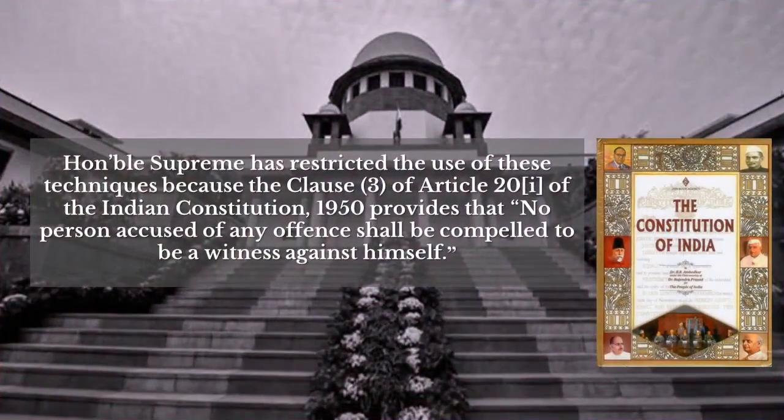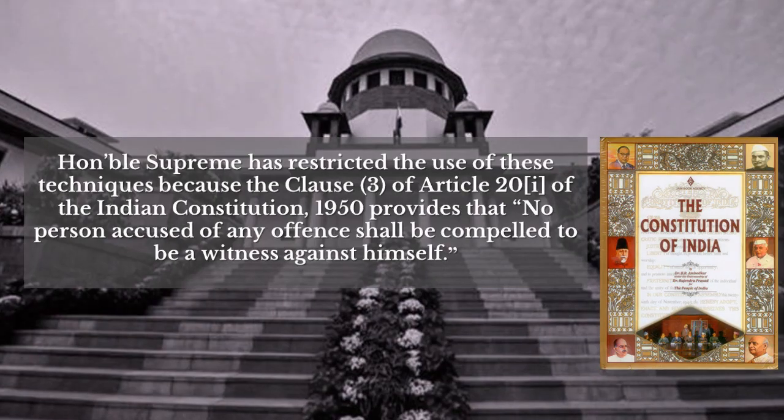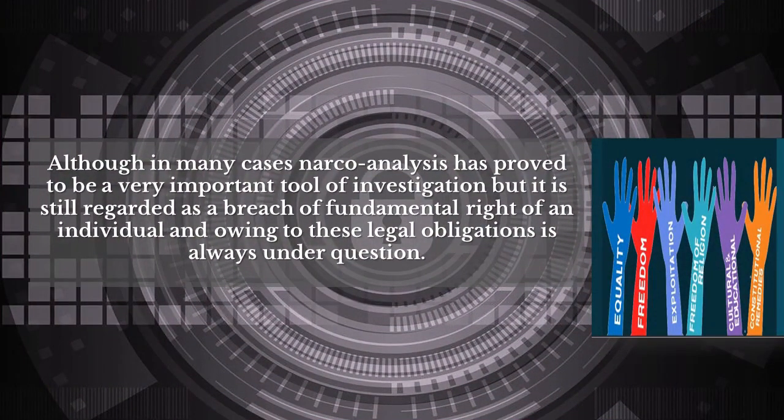However, as a popular fact, this is also known that Honorable Supreme Court has restricted the use of these techniques because Clause 3 of Article 20 of Indian Constitution 1950 provides that no person accused of any offence shall be compelled to be a witness against himself. Although, in many cases, narco-analysis has proved to be a very important tool of investigation, it is still regarded as a breach of fundamental right of an individual, and owing to these legal obligations is always under question.